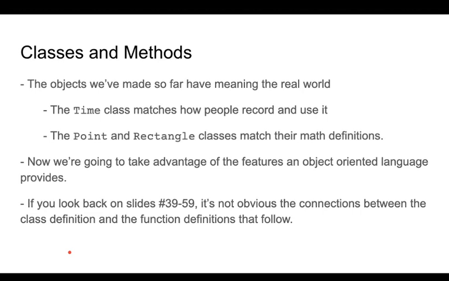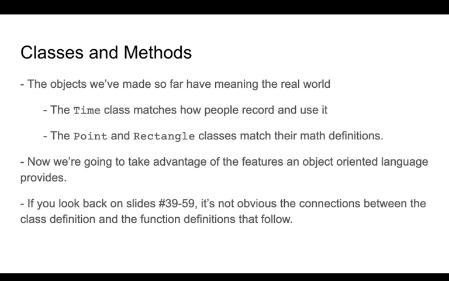So as a reminder, we made the time class, we made the point class, we made the rectangle class. And those three objects match how we think about them in the real world. Now we're going to add on and make them into methods.